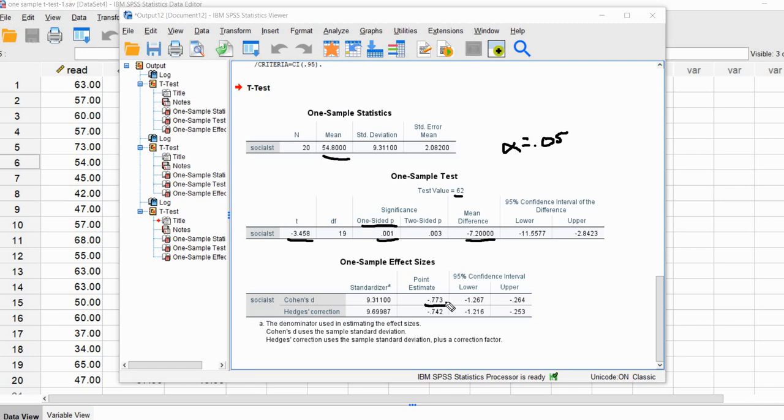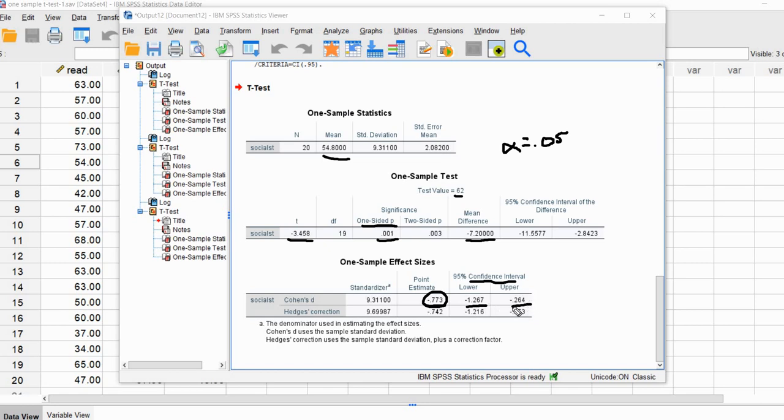So if we go back and we think about those conventions of 0.2, 0.5, 0.8 for small, medium, and large respectively, well, the absolute value of Cohen's d in our output would be 0.773, which is pretty consistent with a large effect. Also, if we look at the confidence interval that's given, you can see we have the negative values that are provided.